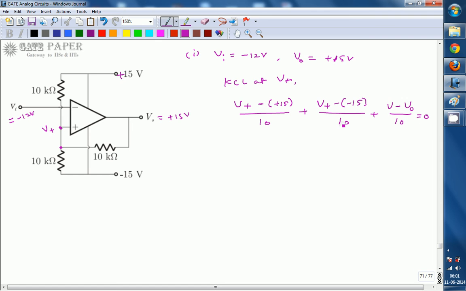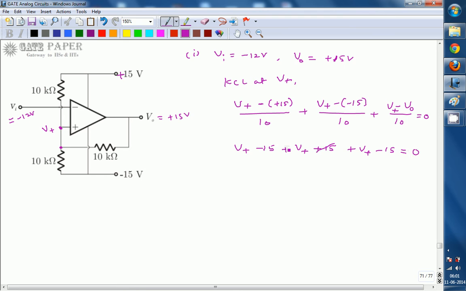The 10 will cancel because the other side is 0. You can write it as V plus minus 15 plus V plus 15 plus V plus minus V naught, and V naught is at plus 15, so I can write it as minus 15, that is equal to 0.